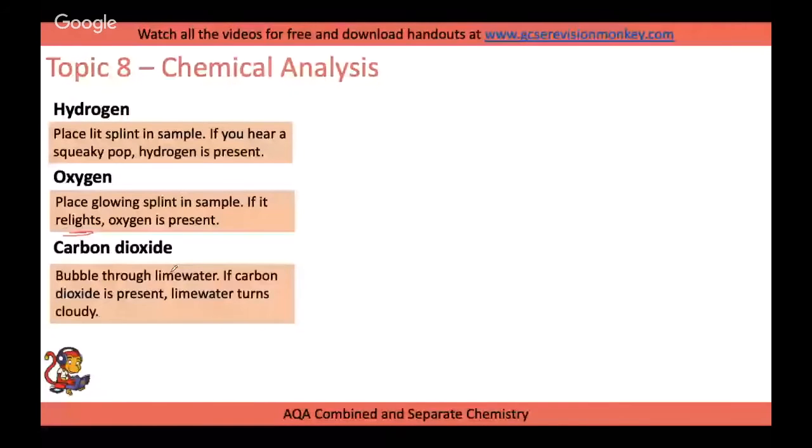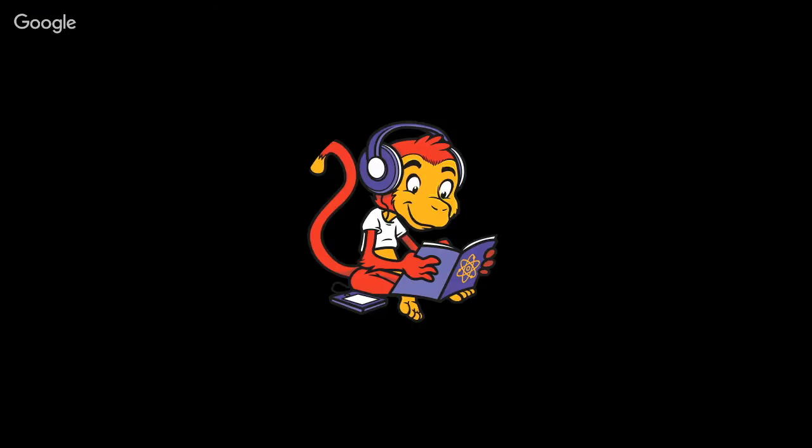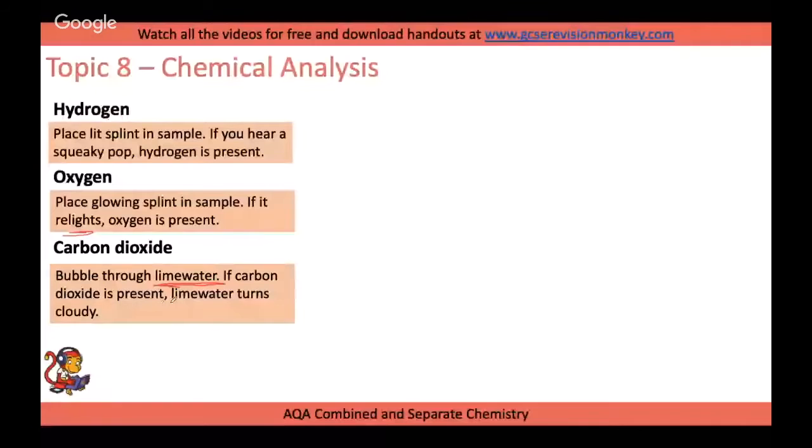You bubble it through lime water, and if carbon dioxide is present, the lime water will turn cloudy. And again, like previously, because a solid precipitate has formed, it has made it go cloudy. The final one, chlorine, bleaches damp litmus paper. Okay, so that's the test for chlorine. You might have touched upon that when you did electrolysis in paper 1.